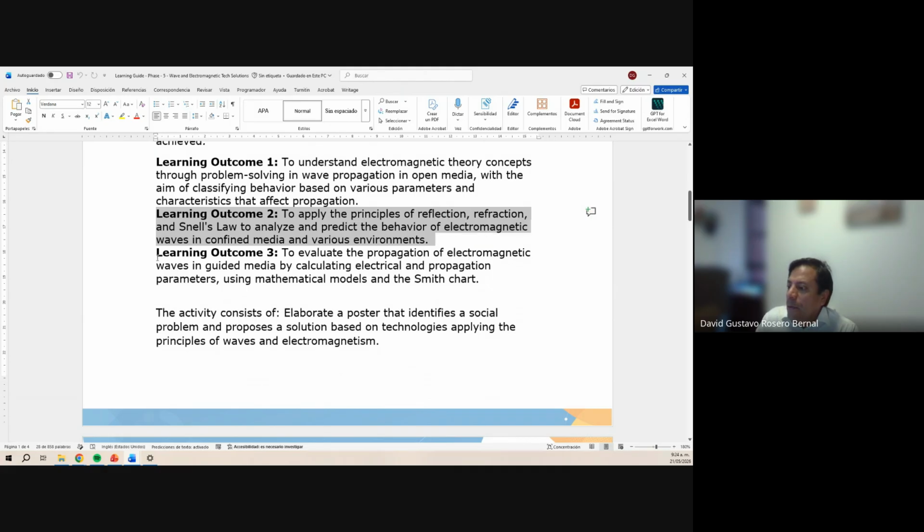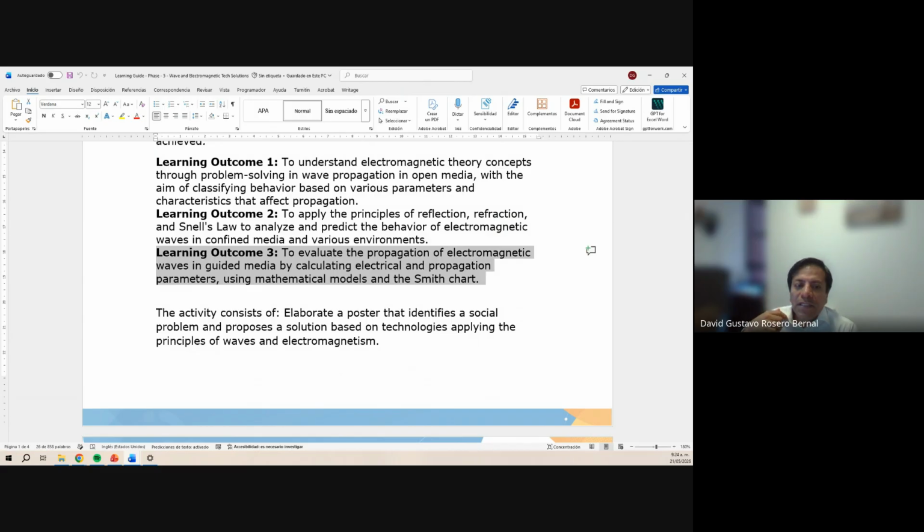And learning outcome number 3 asks you to evaluate the propagation of electromagnetic waves in guided media by calculating electrical and propagation parameters using mathematical models and the Smith chart. Exactly what we did in phase number 4 with coaxial lines, input impedance, VSWR, and the online Smith chart simulator.